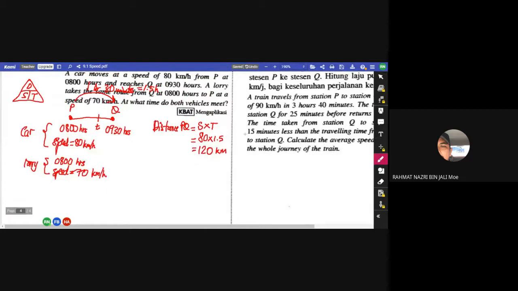Okay, the question didn't ask for the distance, but our first info is the distance, 120. We're going to use this info to find out the time that both vehicles meet.